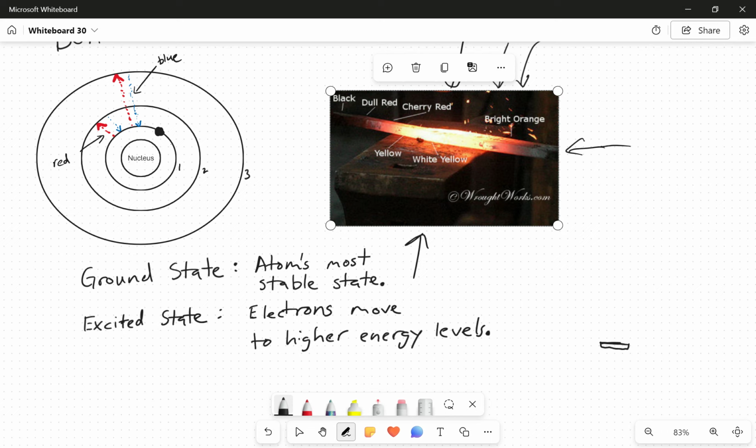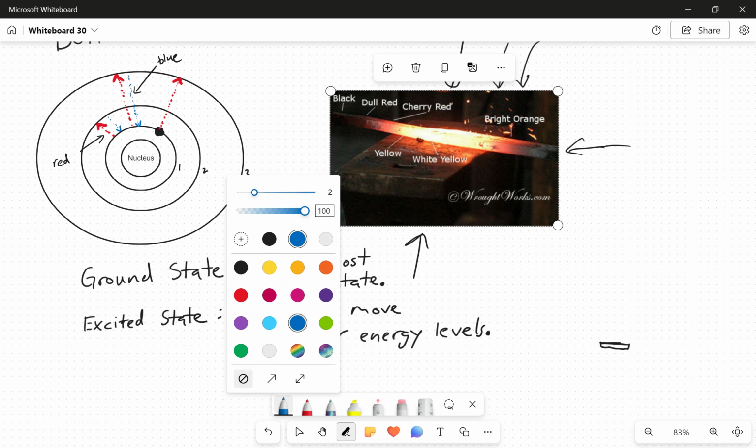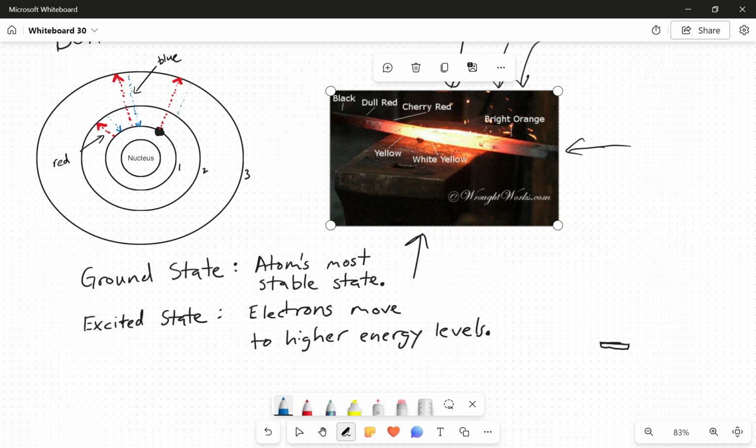But it could also jump up to level 3, and then it's going to fall back down, but instead of falling straight back down to 1, it falls down to 2, and then it falls back down to 1.